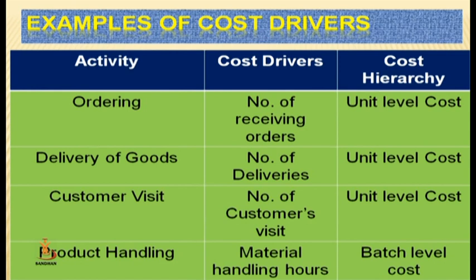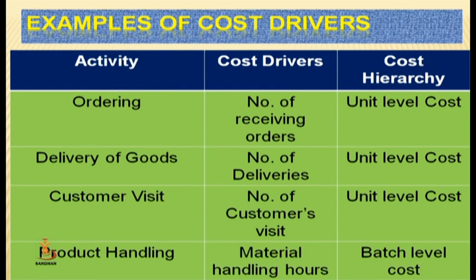So as we have identified ordering as an activity, second, we have to determine what the cost driver for this ordering is. Here I have given an example; there might be other cost drivers also. For the activity ordering, the cost driver is the number of receiving orders or number of giving orders, whatever the case may be, whether it is ordering by the customers or ordering to the suppliers.